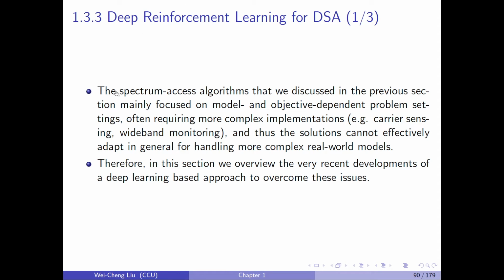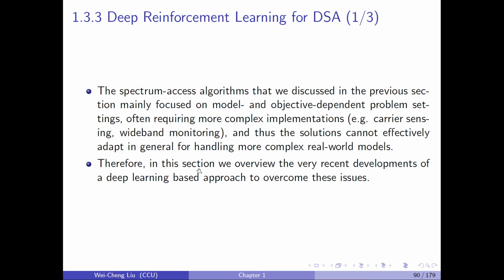The spectrum access algorithms that we discussed in the previous section mainly focused on model and objective-dependent problem settings, often requiring more complex implementations, for example, carrier sensing and wideband monitoring, and thus the solutions cannot effectively adapt in general to handling more complex real-world models.